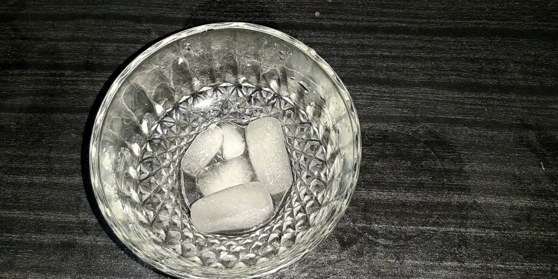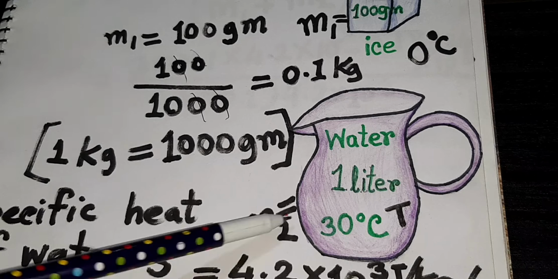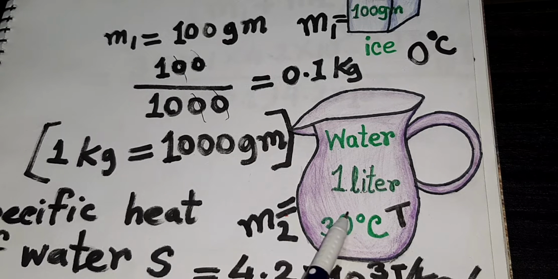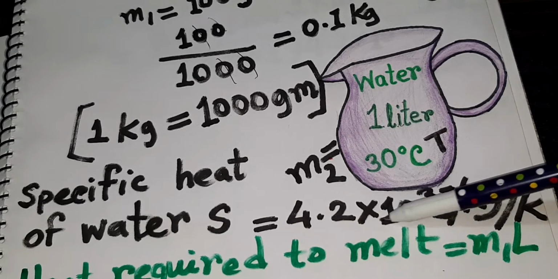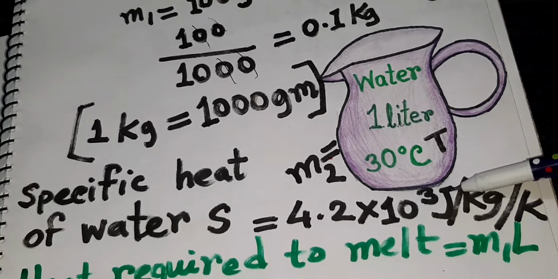And the mass of 1 liter water, m2, we can write as 1 kilogram. And the specific heat of water, we write S, is 4.2 times 10 to the power 3 joule per kilogram per Kelvin.